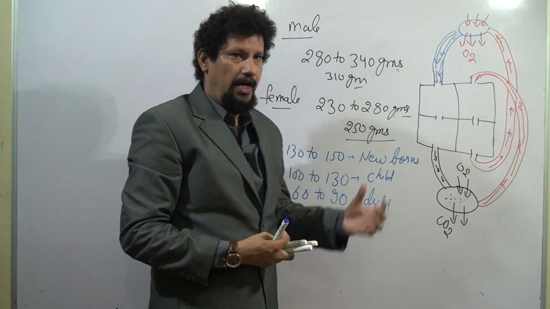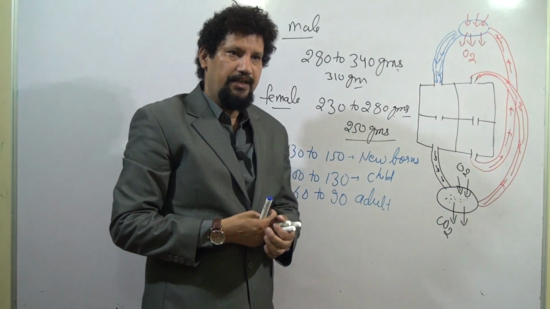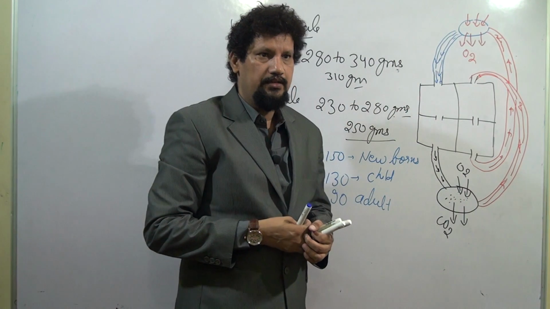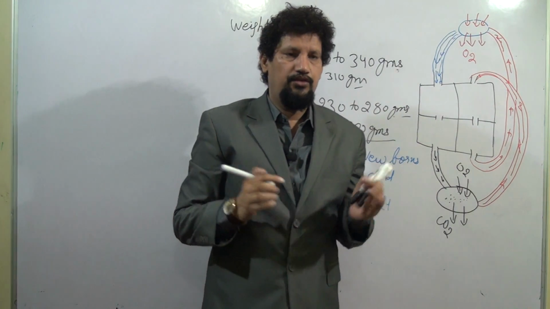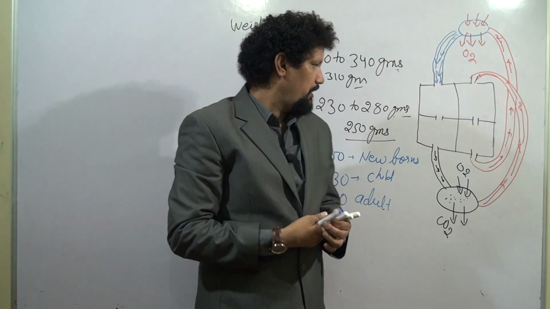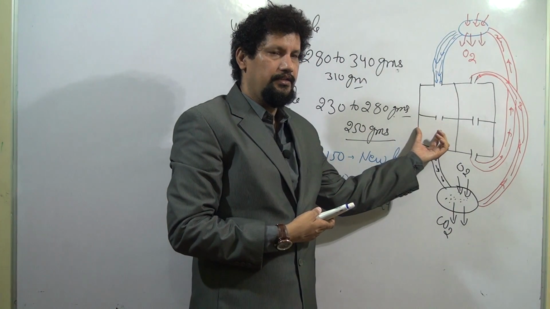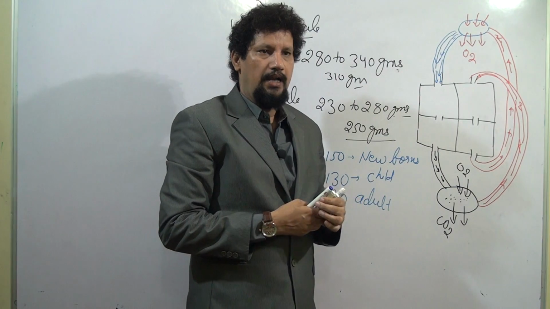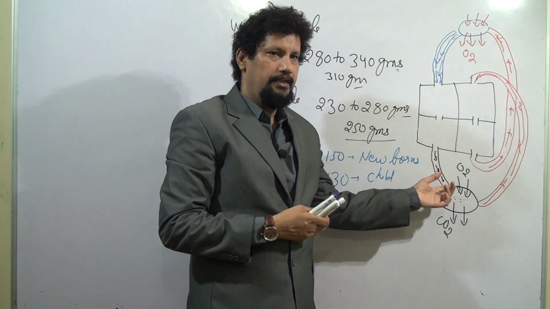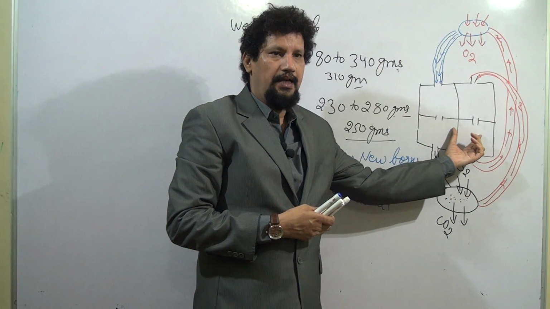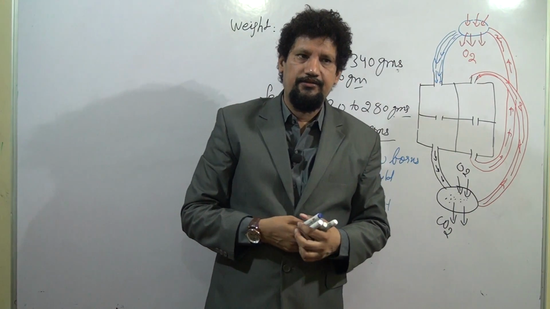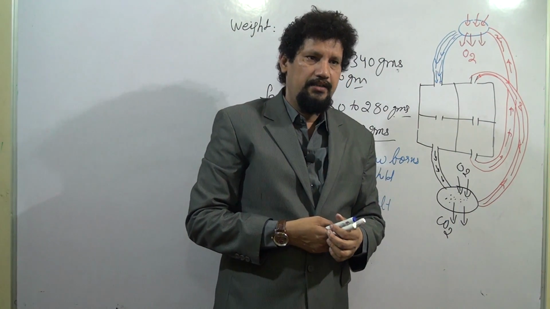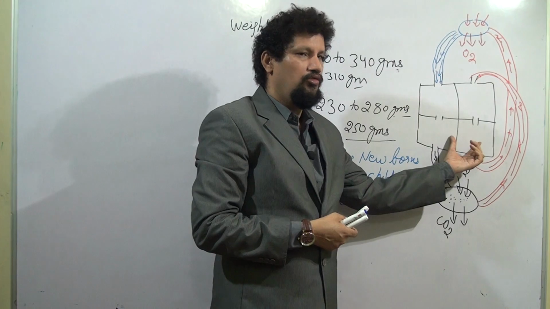So the heart is pumping the blood using the 2 chambers. This is the right heart receiving the deoxygenated blood and pumping the blood in the lungs. This is the left heart receiving the oxygenated blood and pumping in the whole body.